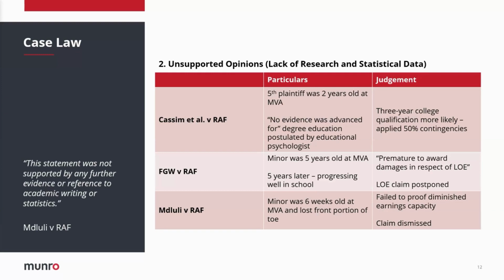And I think the difficulty here is, what does the judge do? You might feel uncomfortable with the postulation, uncomfortable with an assumption, but ultimately what happened in this case is the judge ruled that the 3-year college qualification was more likely and applied 50% contingencies. Now, that is an issue that could have been avoided if certain data was cited and it was supported.